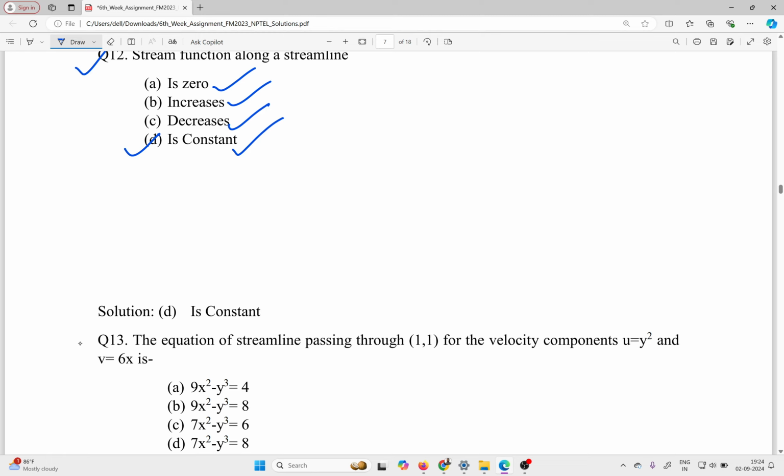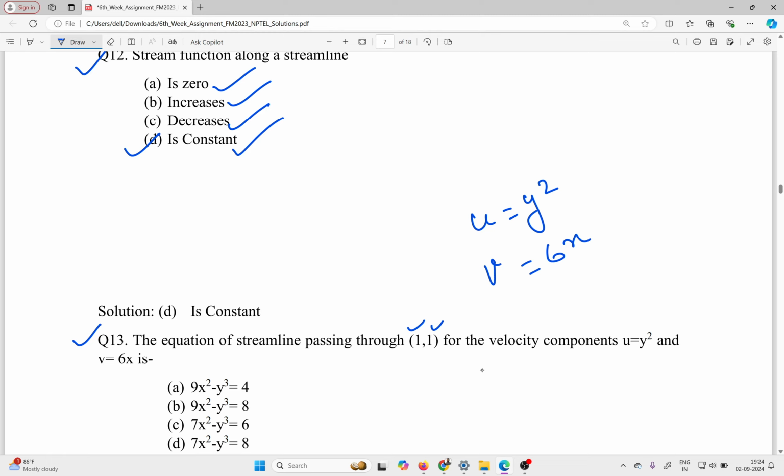Next question is the equation of a streamline passing through 1, 1 for velocity components u is equal to y square and v is equal to 6x.